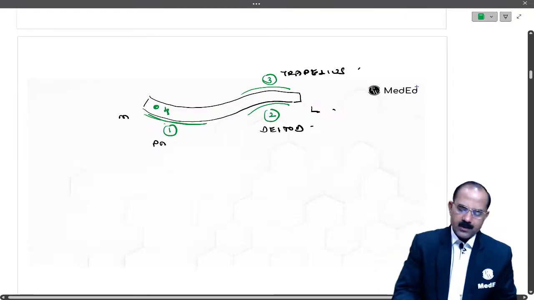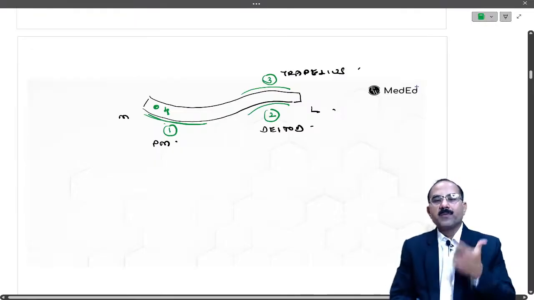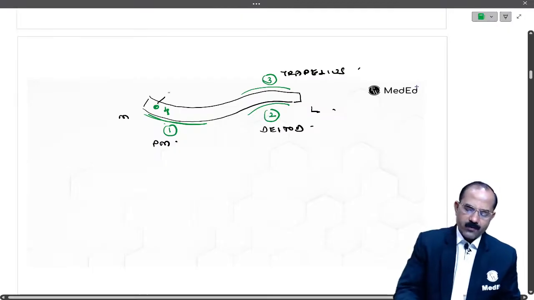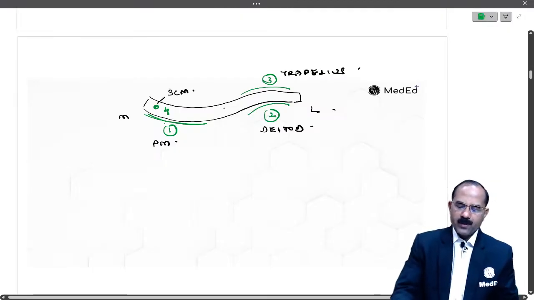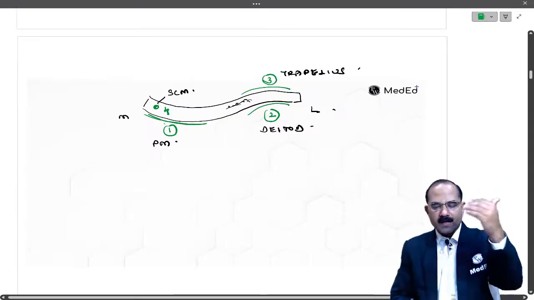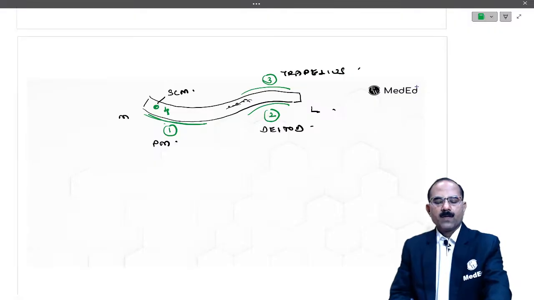One is pectoralis major. Pectoralis major arises from the medial 2/3 of the anterior aspect of clavicle. Fourth is sternocleidomastoid. And below there's a groove known as the subclavian groove on the inferior aspect, which gives attachment to the subclavius. Clear?